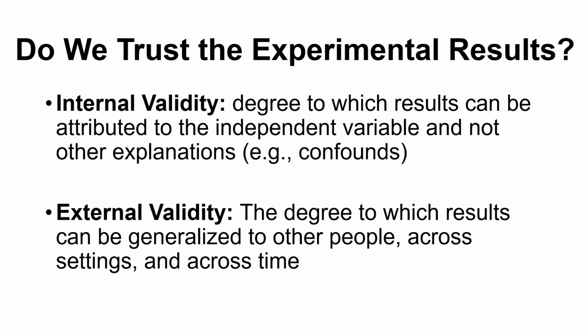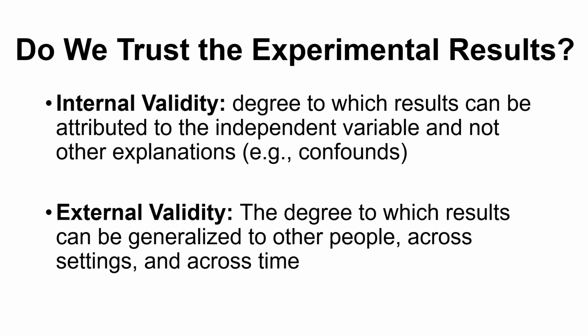So we have 4 types of validity that are typically considered, though for the scope of an introductory psych class, we typically pay the most attention to 2 of them, mostly internal and external validity. I will touch on the other 2 on the next slide, but with internal validity, this is asking basically how much our results can be attributed to our independent variable rather than some other explanation.